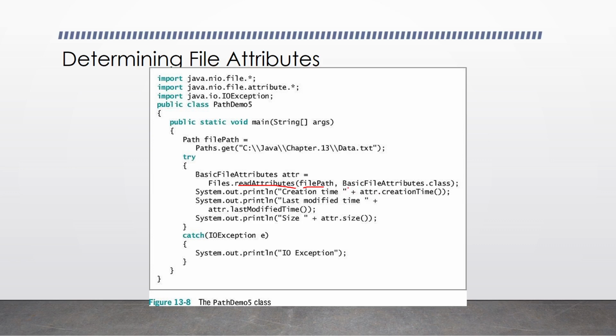And this one returns an instance of the BasicFileAttributes class. So we can create this statement for returning the instance of the BasicFileAttributes class.